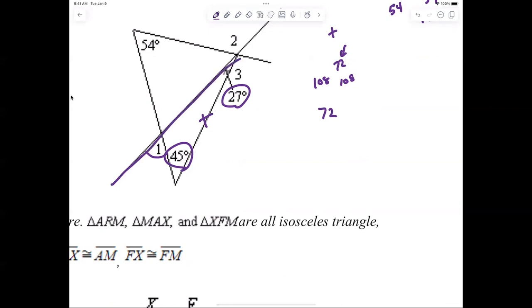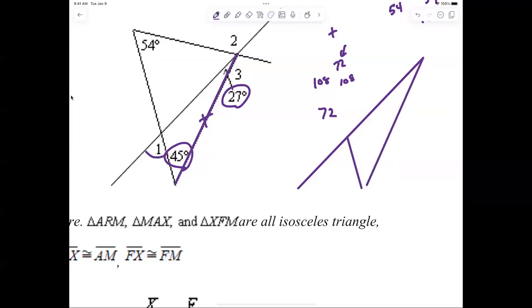This right here, this right here, and this right here. If I come over here, and now if I drew this here to here, and I said this is 45 and this is 27, this is 72. The other lines mess it up.